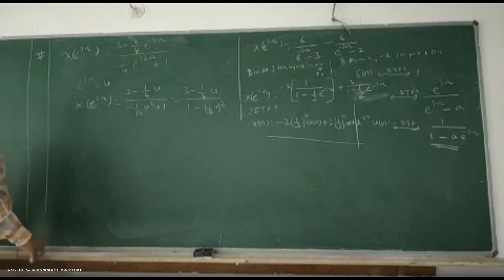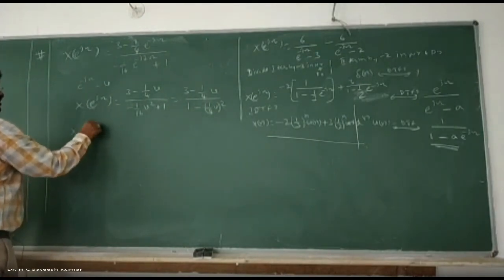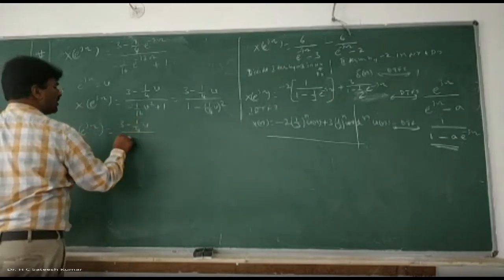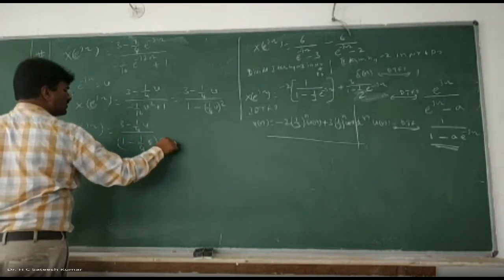This is of the form a square minus b square. Therefore, X of e to the power of j omega is equal to 3 minus 1 by 4 v divided by 1 minus 1 by 4 v into 1 plus 1 by 4 v.